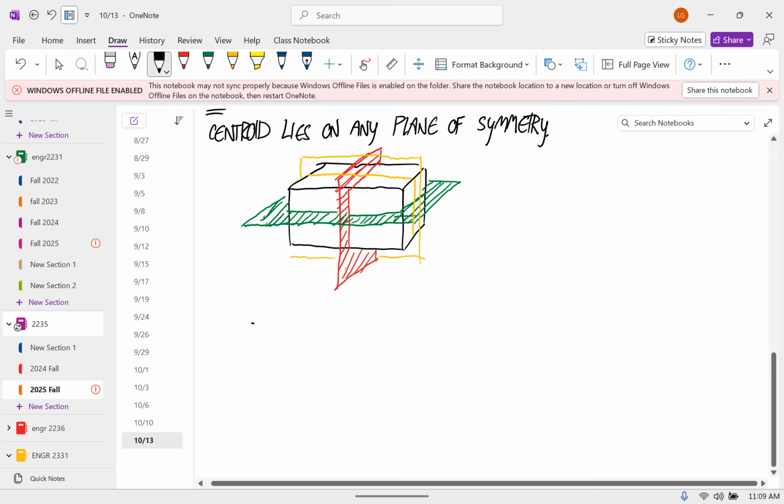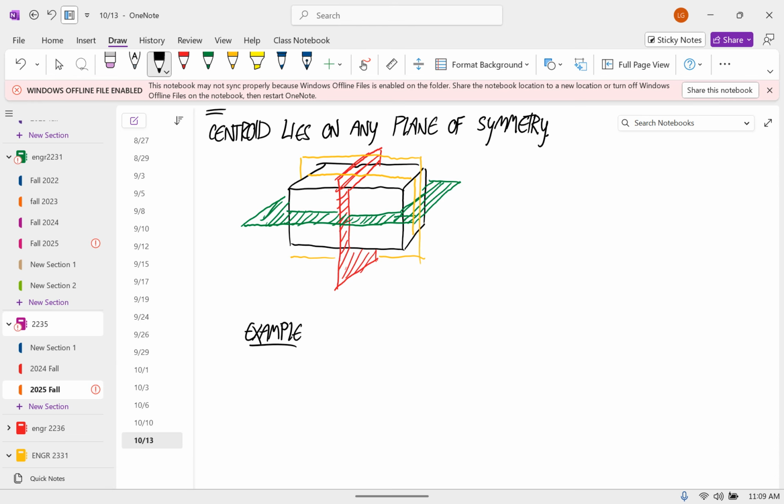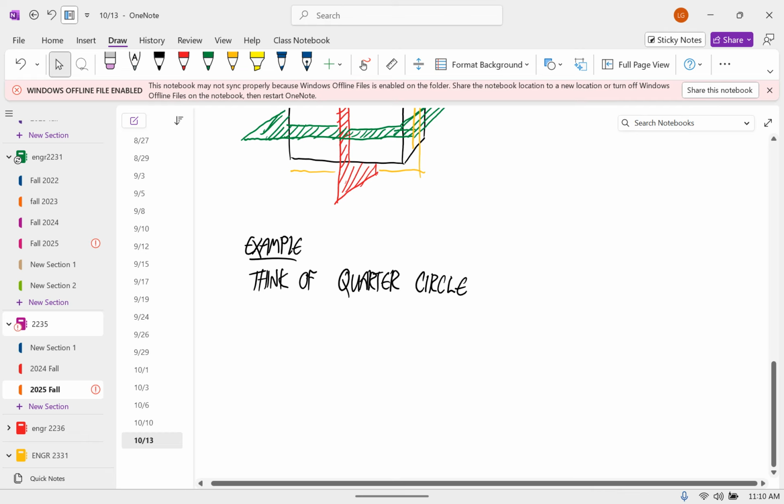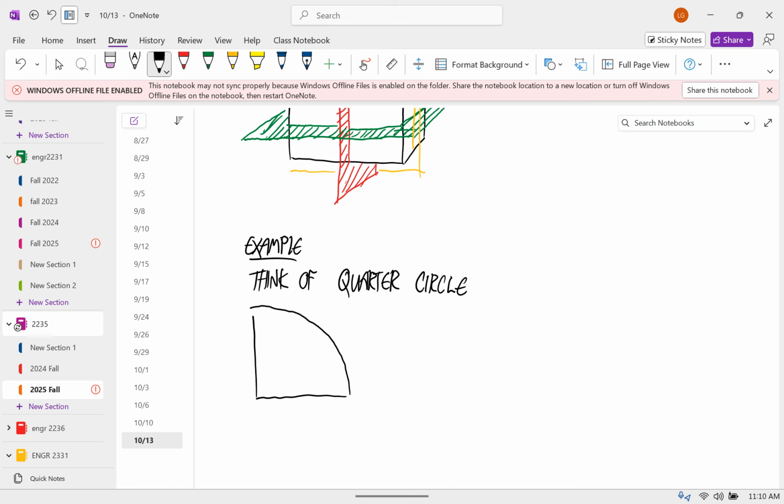One example, think of the quarter circle. This was one of the simple shapes that I gave you formulas for.